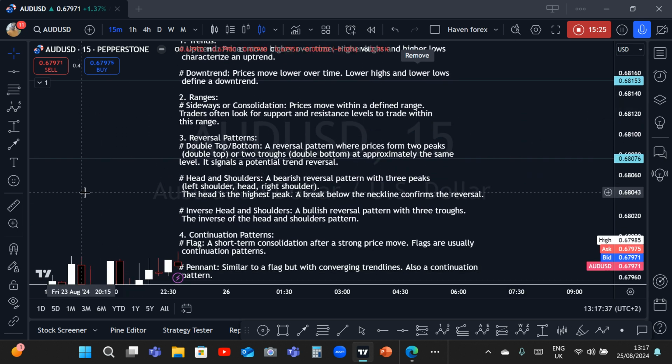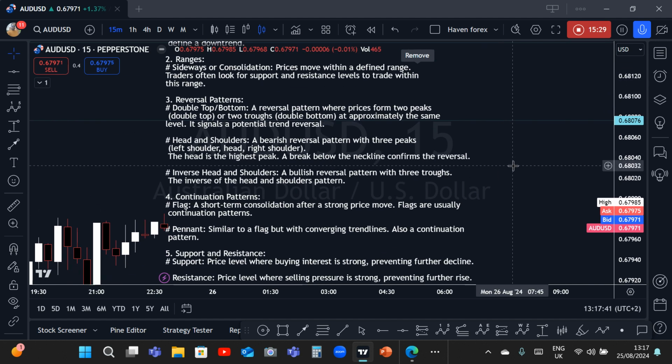It's very simple. Now we have reversal patterns. We have the double top and double bottom. A reversal pattern where price forms two peaks, double top, or two troughs, double bottom, at approximately the same level. It signals a potential trend reversal.